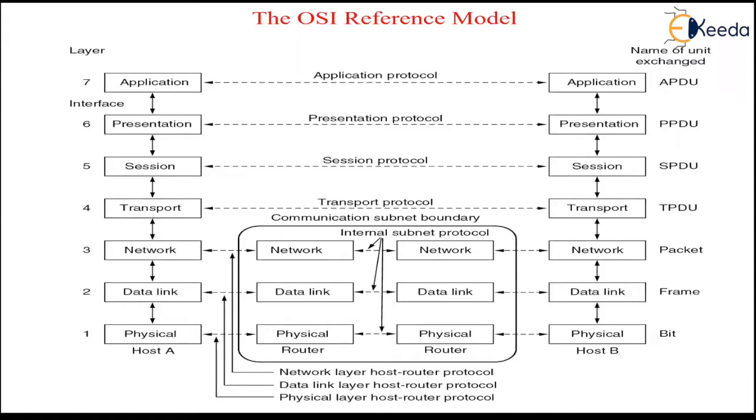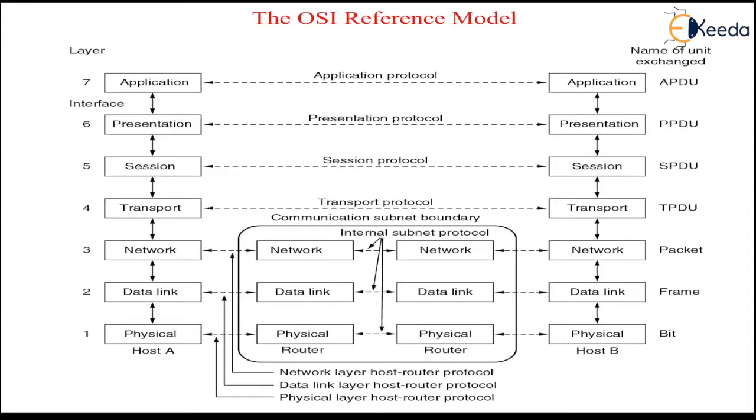There are some principles used for designing the 7 layers of the OSI reference model. These design issues assume a layer should be created where a different abstraction is needed. Each layer should perform a well-defined function.